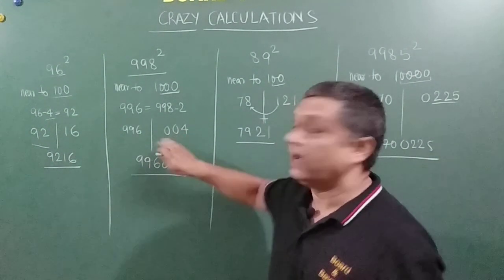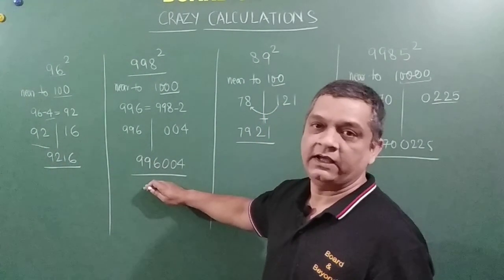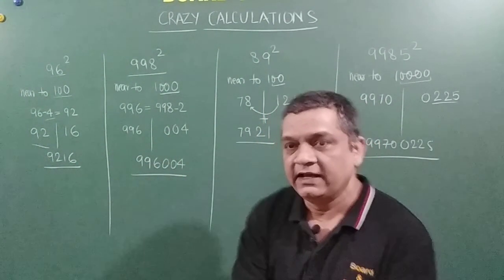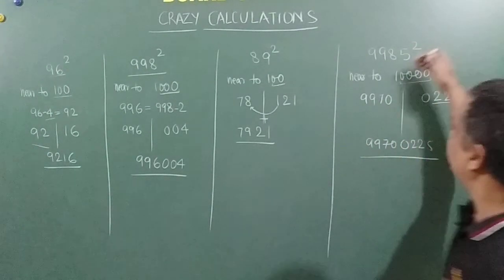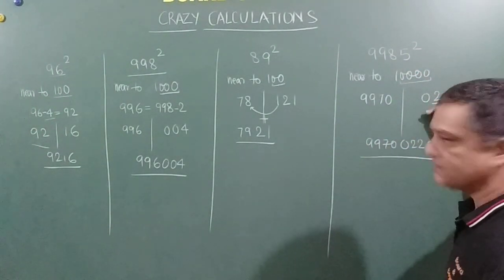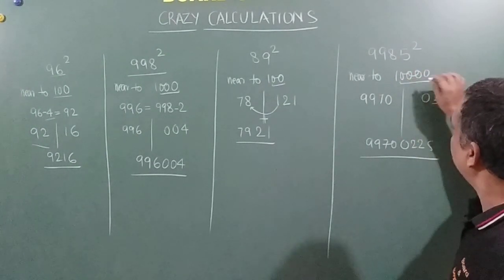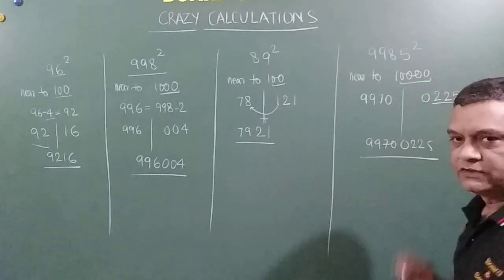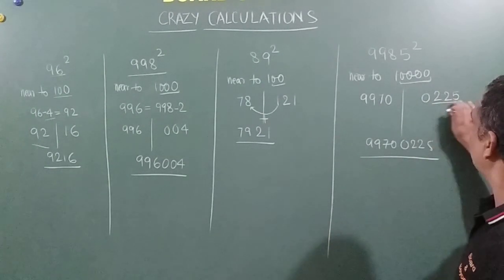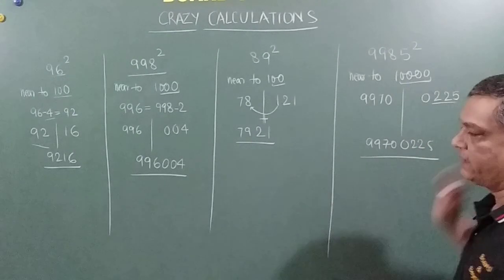If it is 2 digits, add 1 zero, and then you write the answer like this. If the base is 10,000, the right hand side should have 4 digits. The right hand side should have digits equal to the number of zeros in the base. So this is 225, so we add another 0 and make it 4 digits and then write it here.